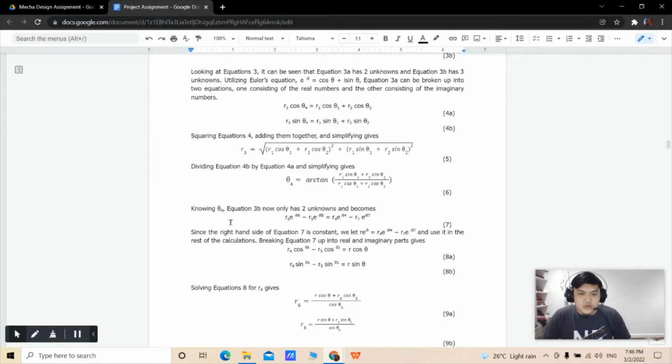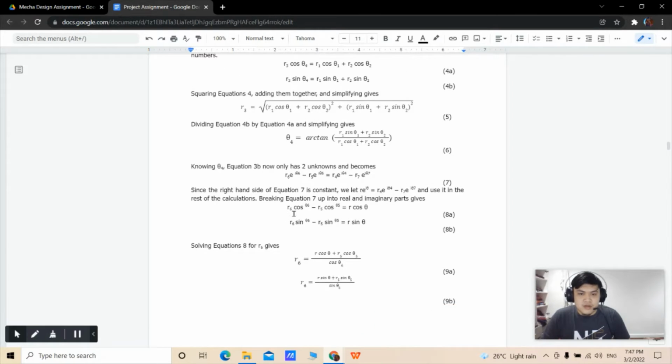Knowing theta 4, equation 3b now has only two unknowns and becomes what is written here in equation 7. Since the right hand side of equation 7 is constant, we will let R e to the power i theta equal R4 e to the power i theta 4 minus R7 e to the power i theta 7 and use it in the rest of the calculations.